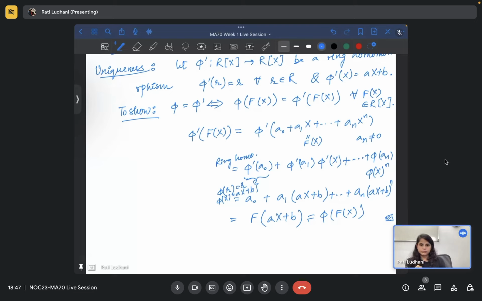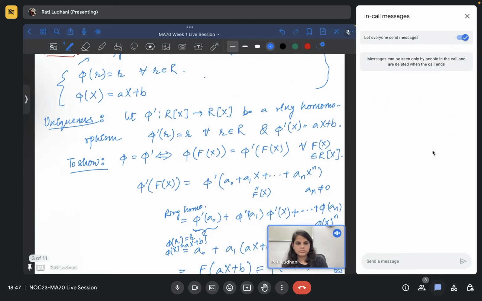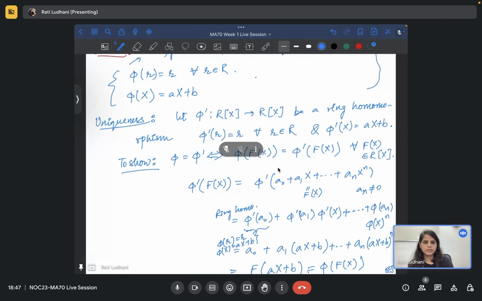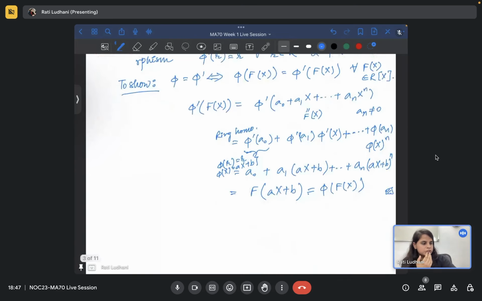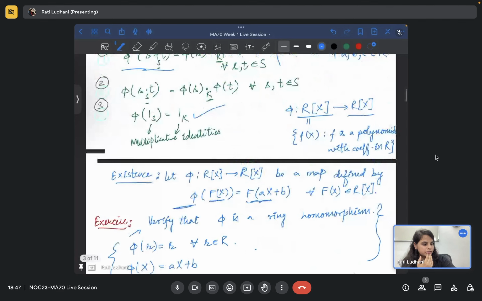If we get the information on x and over the constants, and we know that this is a ring homomorphism, we can get everything on each polynomial. Okay, great. So let's see the next part.